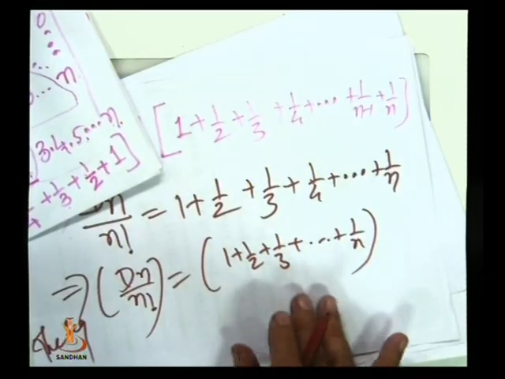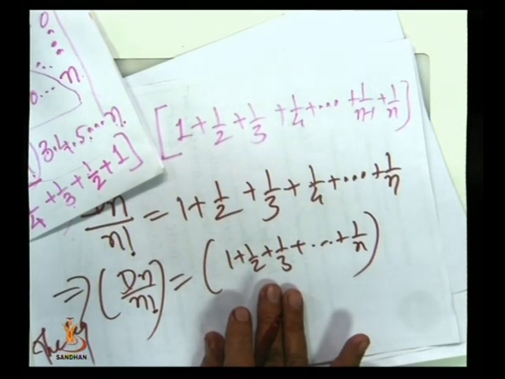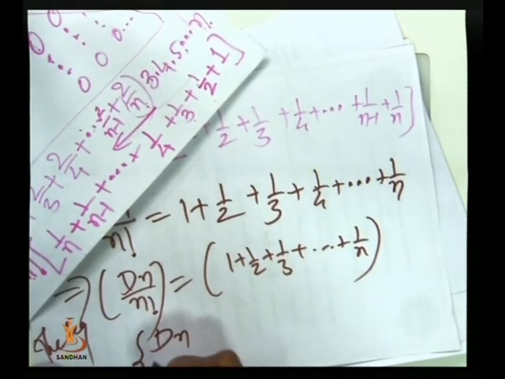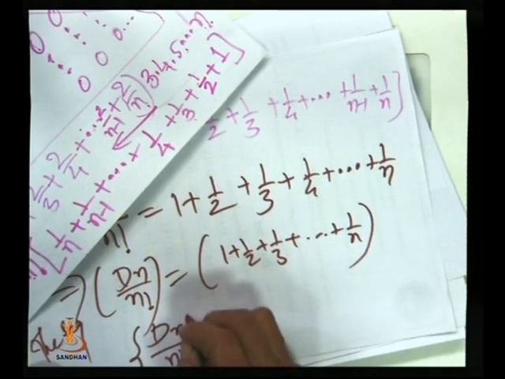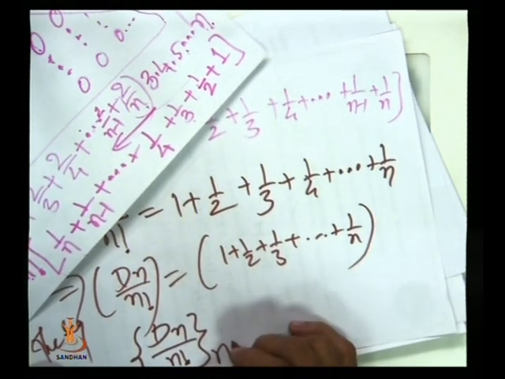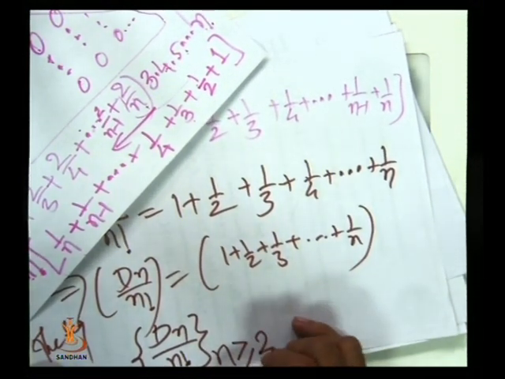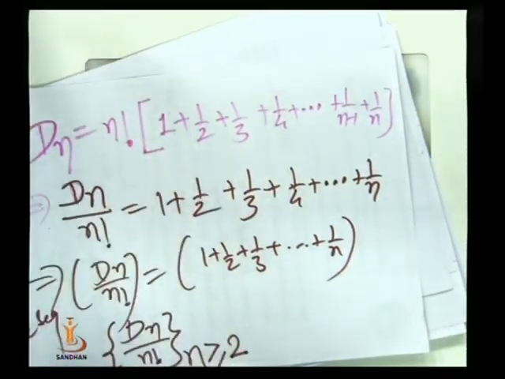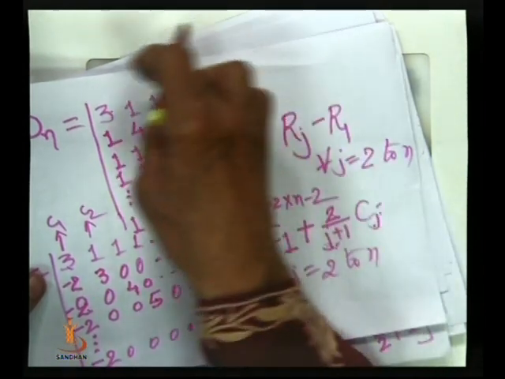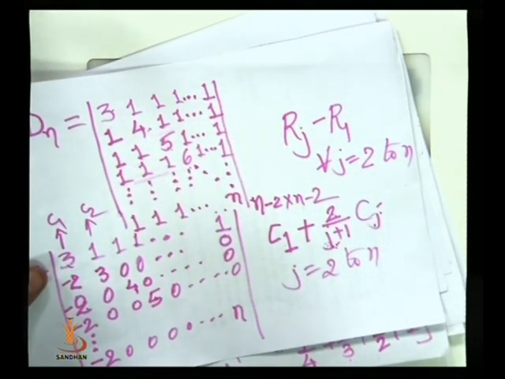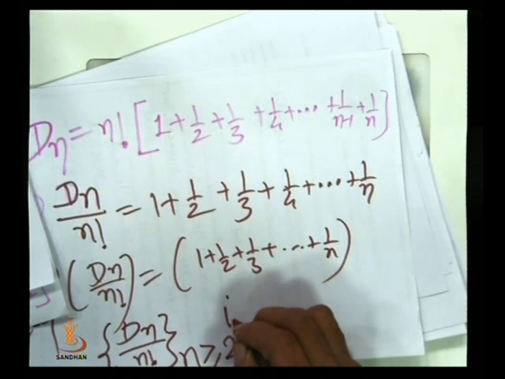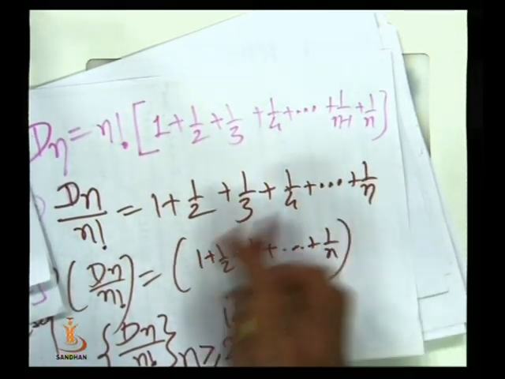So, this sequence diverges to plus infinity. So, this set dn upon n factorial, where n is greater than or equal to 2, where dn is our determinant, this is not bounded because this tends to infinity.